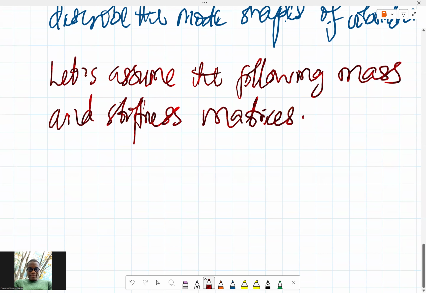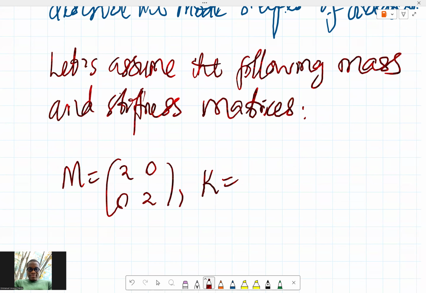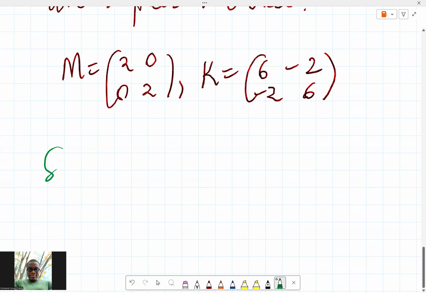The mass matrix is 2, 0, 0, 2, while the stiffness matrix is 6, -2, -2, 6. So the next thing we want to do is to solve the characteristic equation.